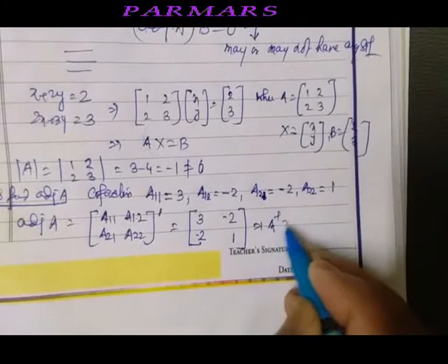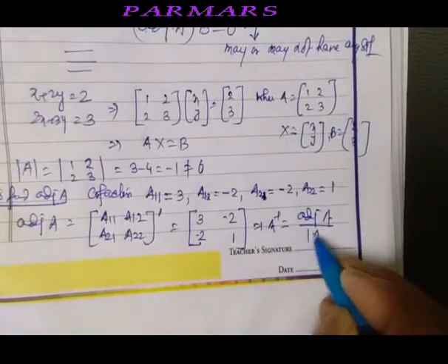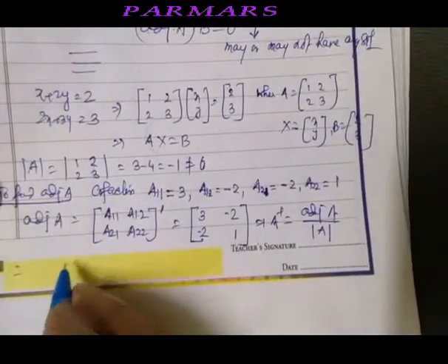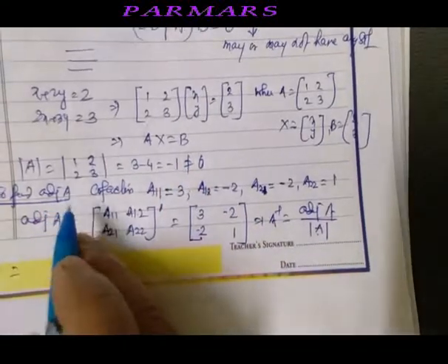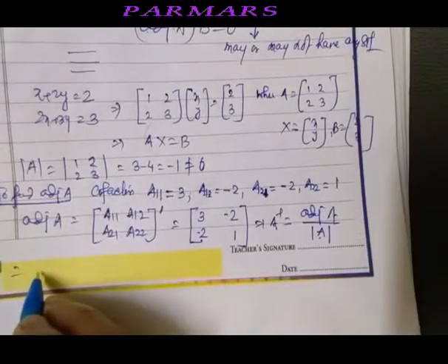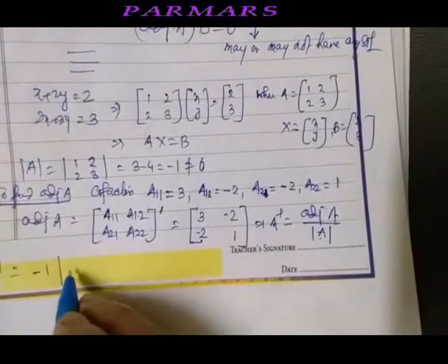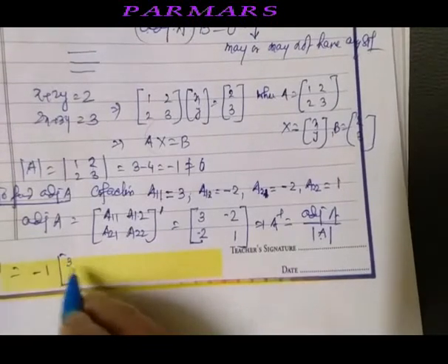Then what is A inverse? A inverse is adjoint A by determinant A. Determinant A is minus 1. So write down here minus 1. Division is 1 by minus 1, and then write down the adjoint.